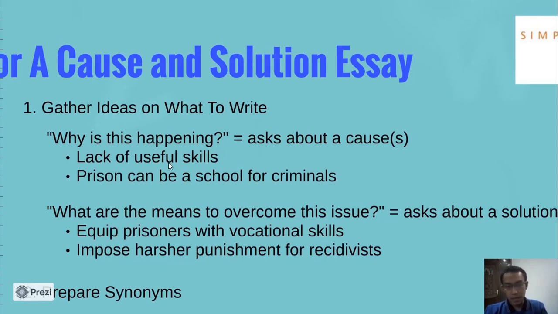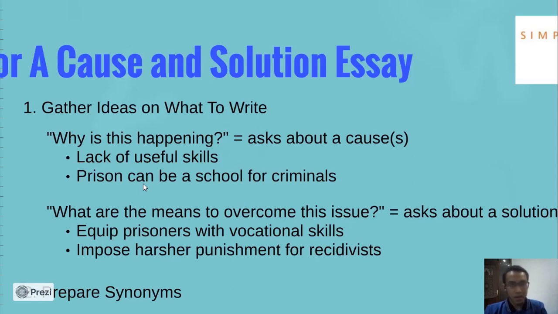Gathering ideas can be exemplified like this. So prisoners or bad people can be bad because they lack useful skills. They commit crimes because they are not well educated and they lack useful skills. So that's why they become a drug trafficker or they become a bank robber to gain income. Also, it can be written prison can be a school for criminals.